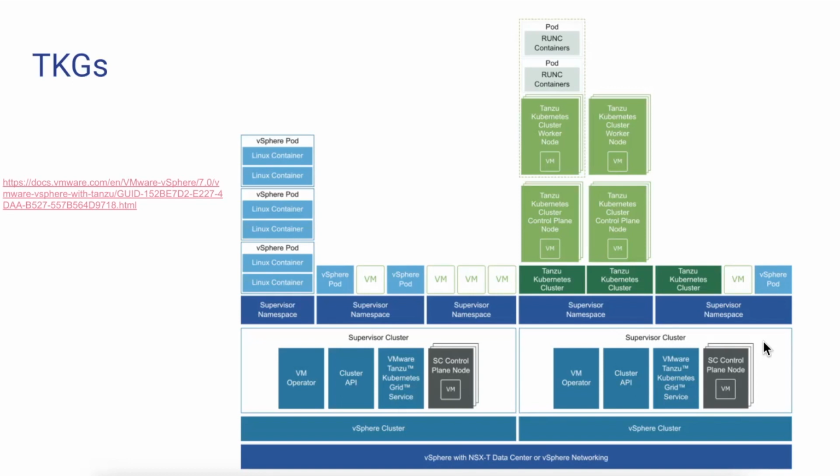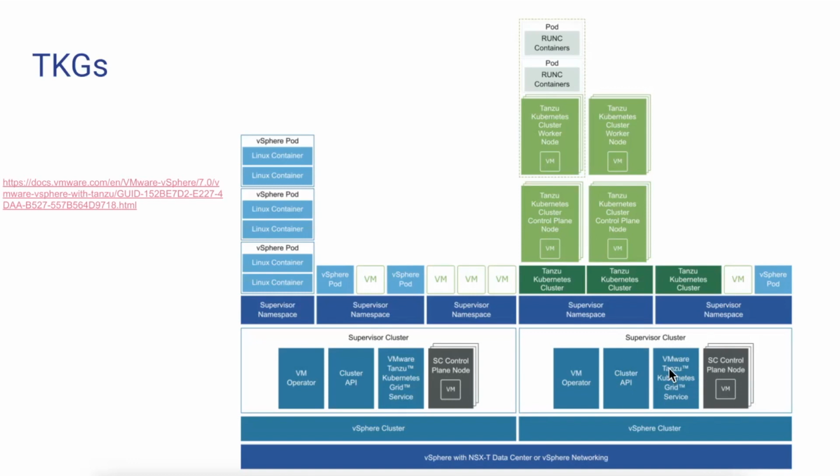Now, when supervisor cluster is enabled, what it gives you is the way to deploy VM using VM operator. It actually hosts the cluster API to orchestrate and manage the lifecycle of different Kubernetes clusters that I'll talk about. And you will have supervisor control plane node VMs.